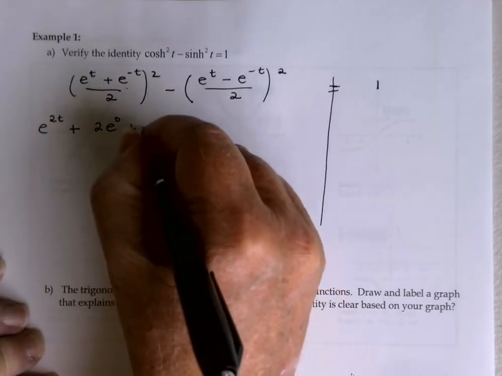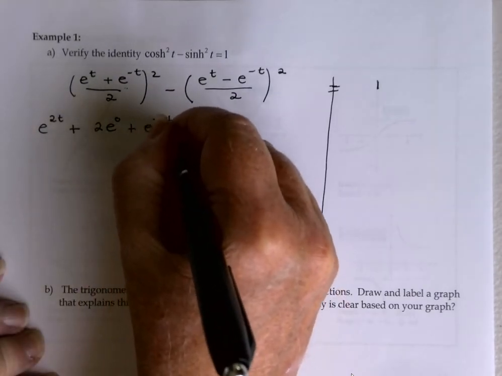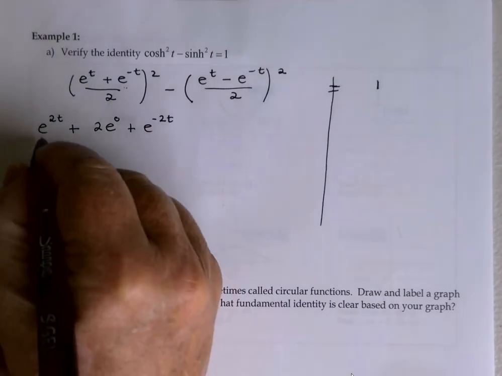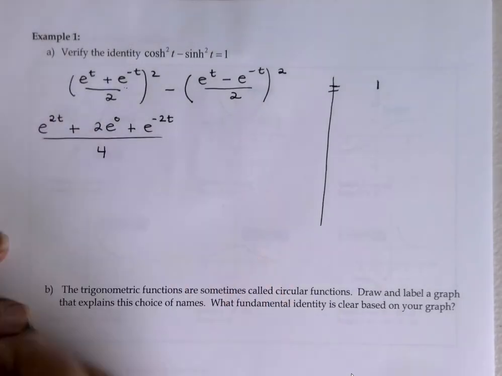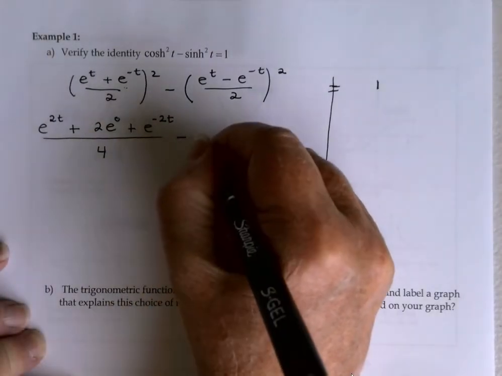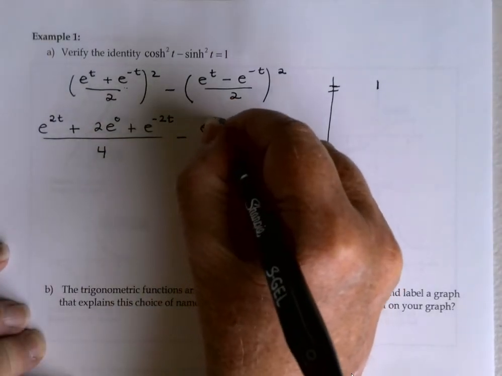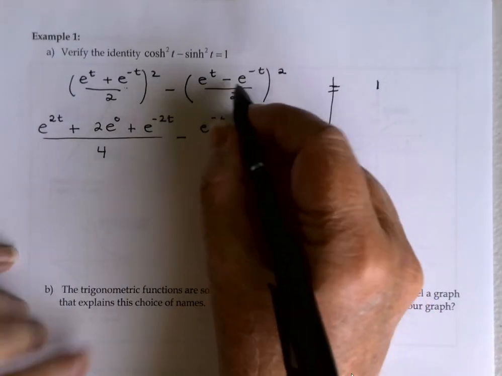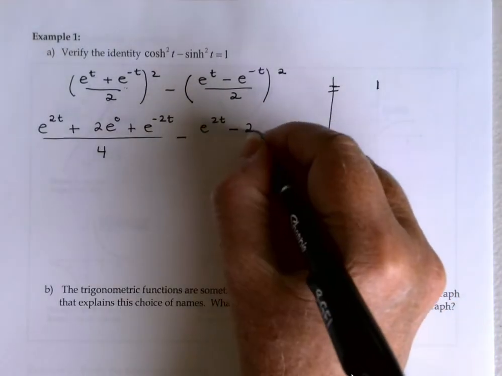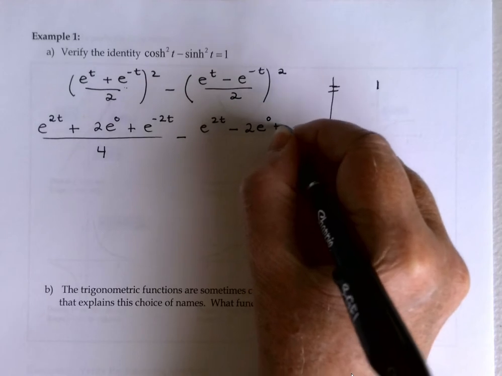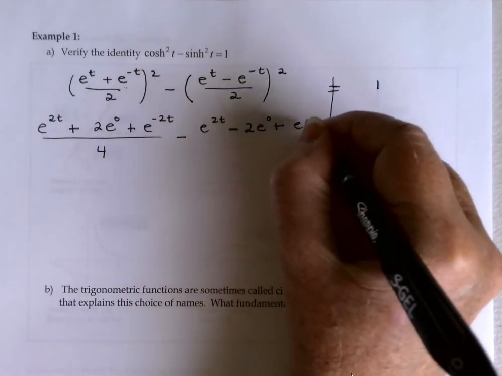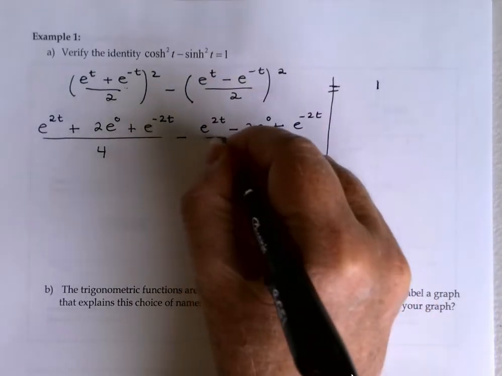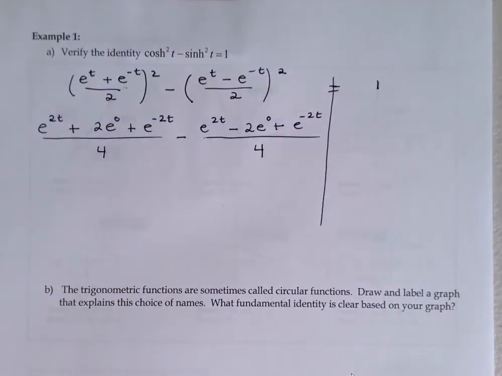Plus e to the negative t times e to the negative t would be e to the minus 2t, over 2 squared is 4. And the same analysis over here. e to the 2t, subtract this time 2e to the 0, plus e to the negative 2t, also over 4.